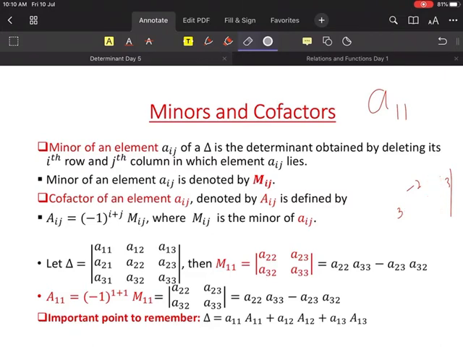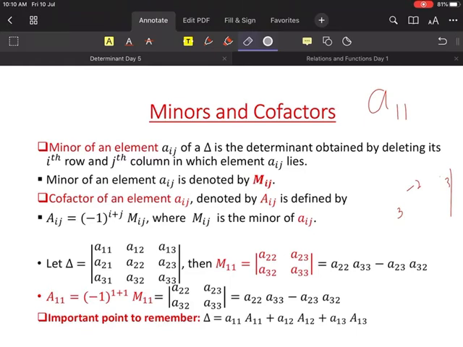The minor of A22: you cut like this, so it will be A11, A13, A31, A33. Understood? Clear? So that's how we find the minor of any element.